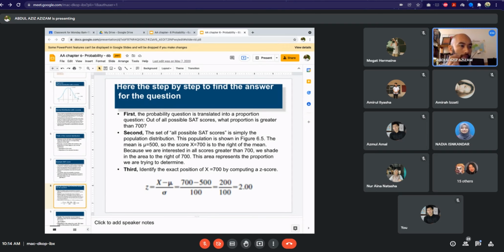Okay, dia kata the mean is 500, so we want to look at the scores greater than 700. So the mean is 500, on the right side.